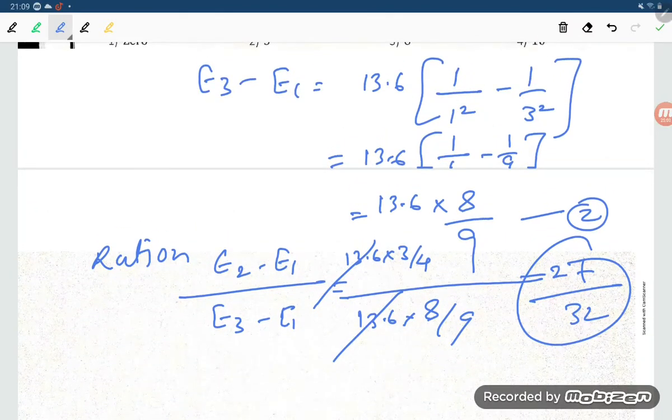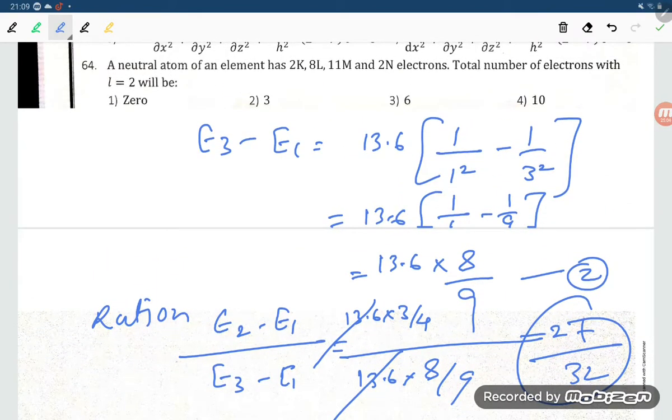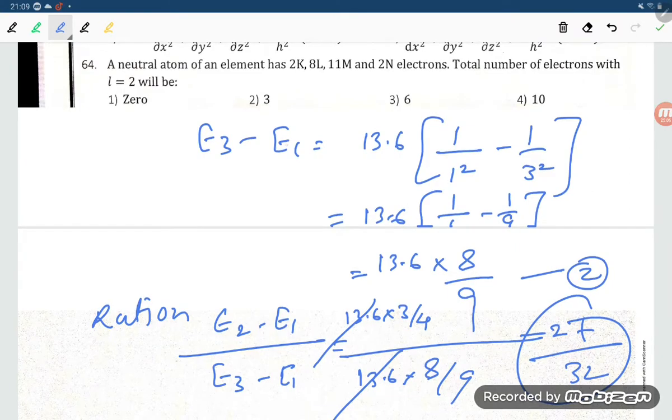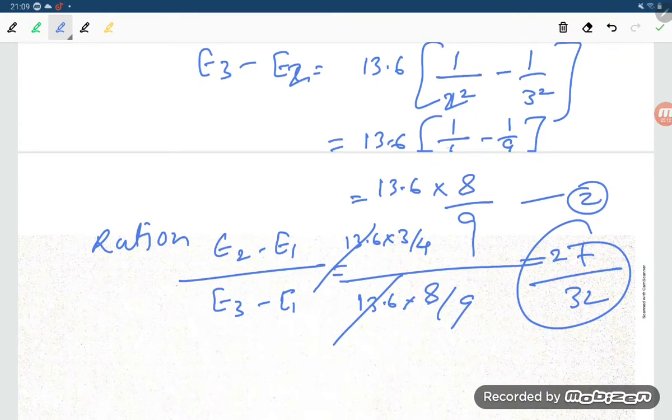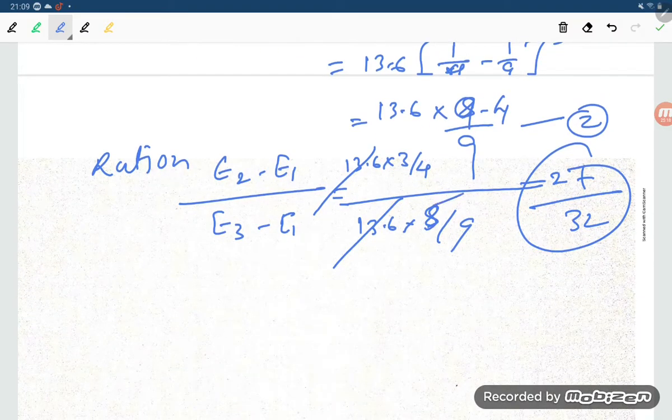Here is orbit number. E3 minus E2 is there, student. E2, we have done a little wrong. That is 2 square, that is 4. So 9 minus 4, how much is coming, student? 5 by 9. So whatever we wrote, I wrote it wrongly, a little mistake.